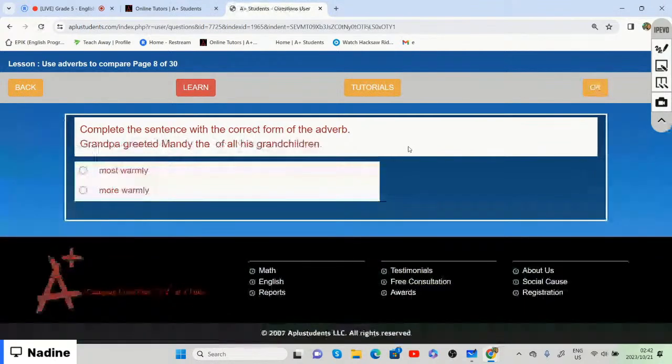Grandpa greeted Mandy, the of all his grandchildren. So Grandpa greeted Mandy, the.